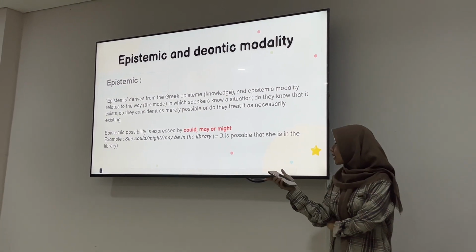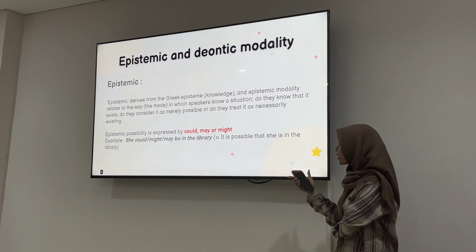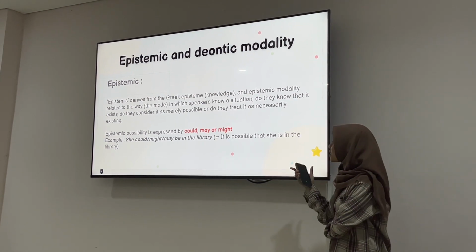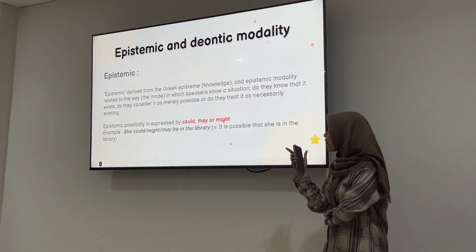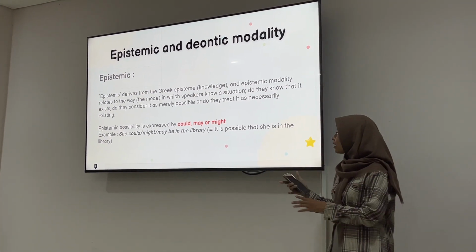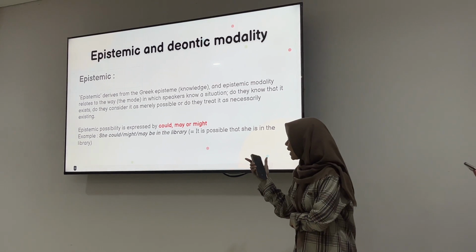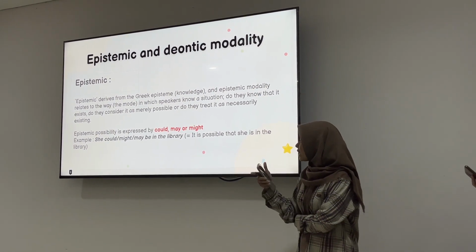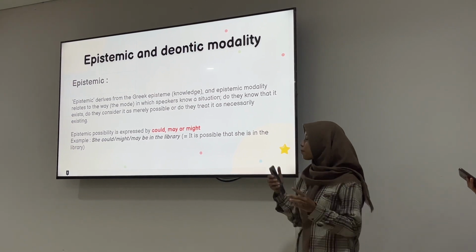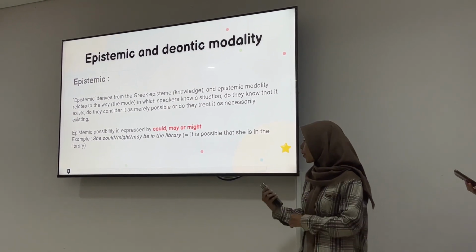From this sentence, the speaker indicates that it is possible she is in the library. From the possibility that she is in the library, we can take the conclusion. The speaker concludes from the information that he got before.